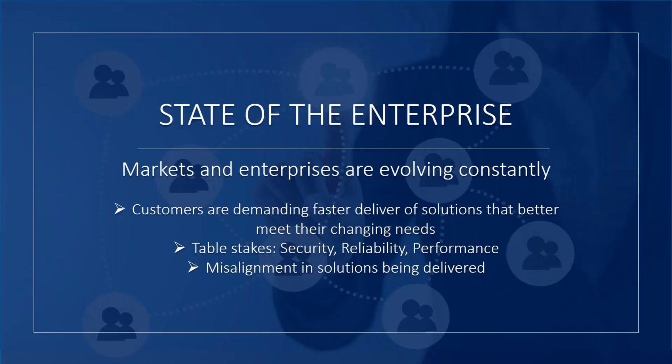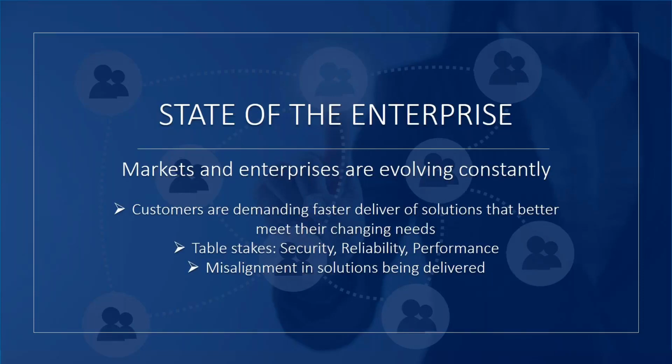So before we jump in, here is how we see the world and the state of the enterprise that we're seeing from our customers as well as the market overall. Markets in the enterprise are really evolving constantly. Customers are demanding faster delivery of solutions from the enterprise that better meet their changing needs. We always hear in the press about security issues, and so those are really table stakes, and the ability to provide reliable, secure solutions, and customers always want performance as that's top of mind.